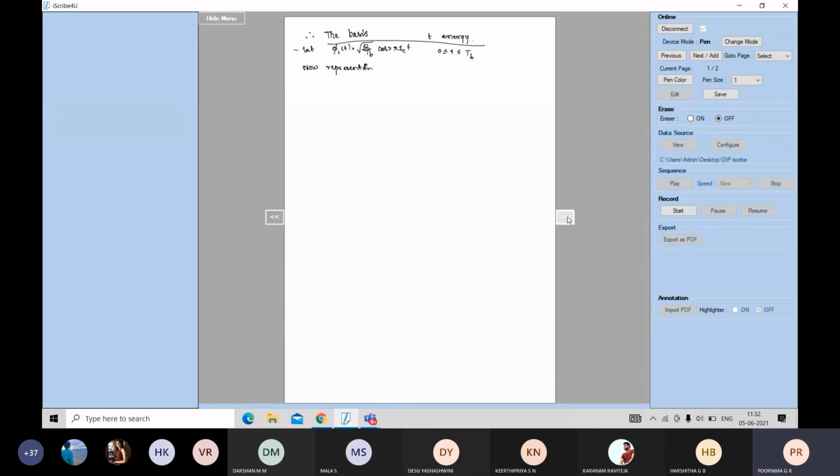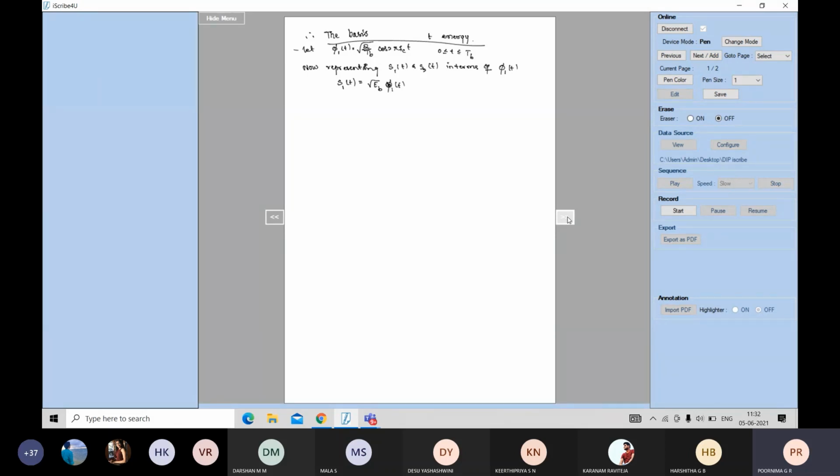Representing S1 of t and S2 of t in terms of phi 1 of t: S1 of t is root EB into phi 1 of t.